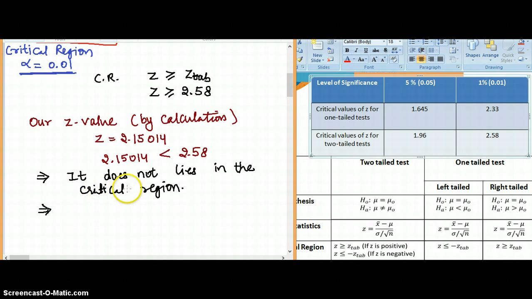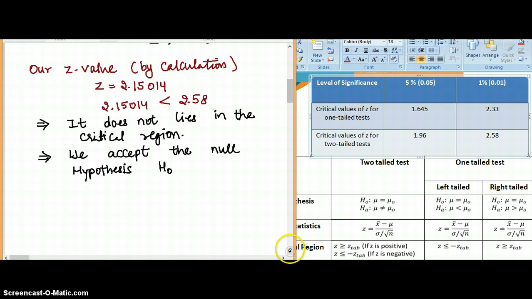If it is not lying in the critical region, we accept the null hypothesis H naught. That is, we conclude that mean is equal to 14.32.